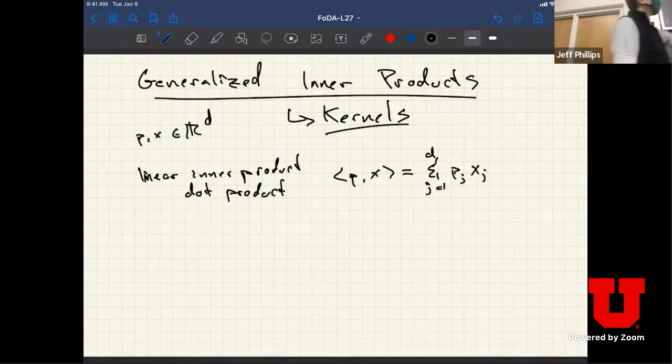I just multiply the coordinates together and add these up. This is the inner product we've been working with throughout the semester. I'm finally going to change the inner product here.